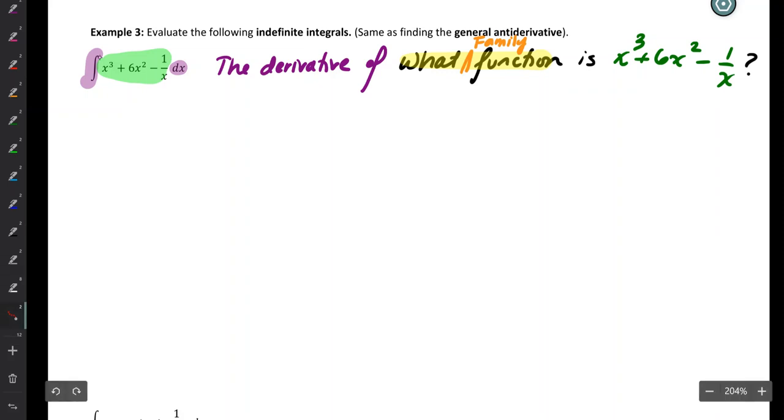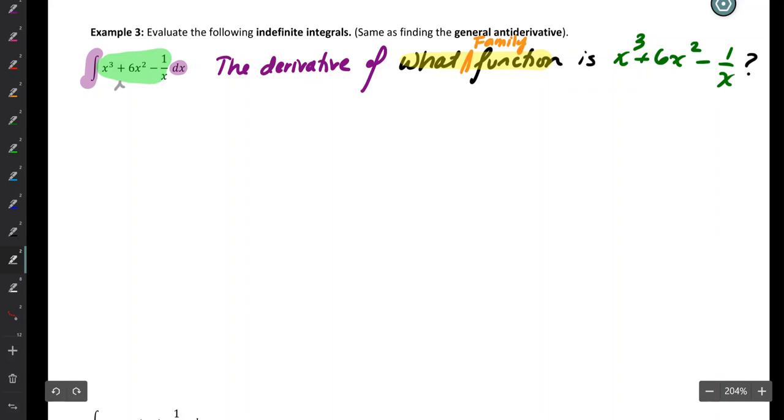So when I look at the green function, I want to see how it's put together. I see that it is put together with terms, with addition and subtraction. X cubed plus a 6x squared minus a 1 over x.